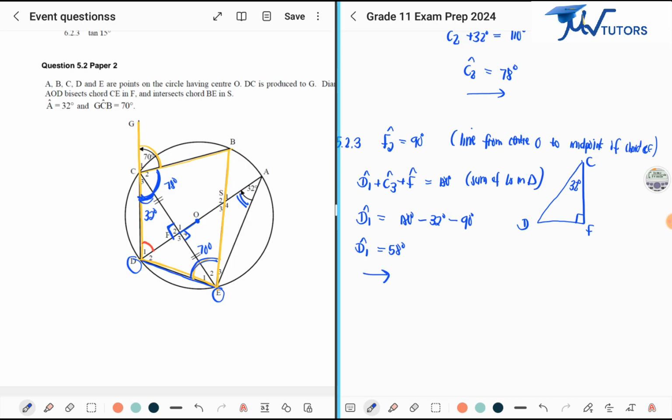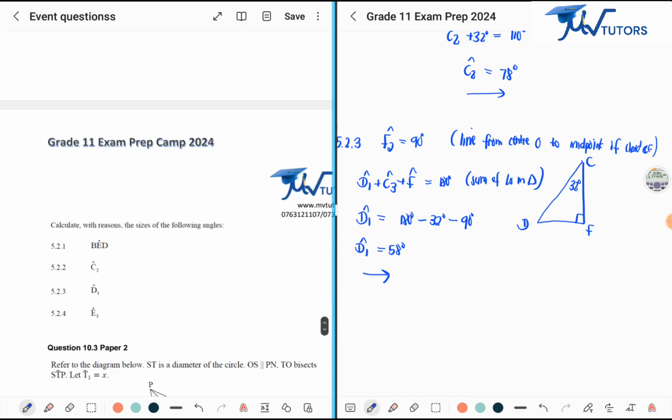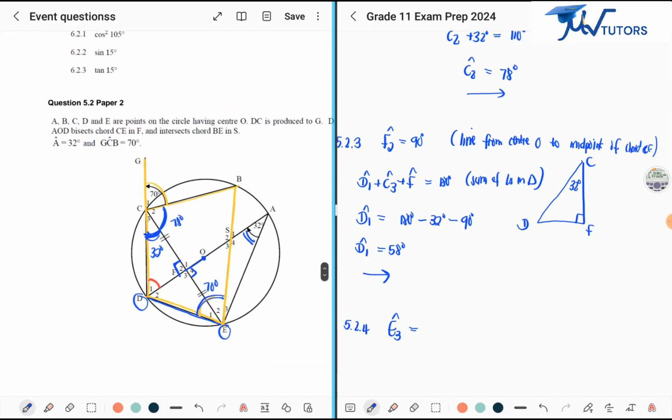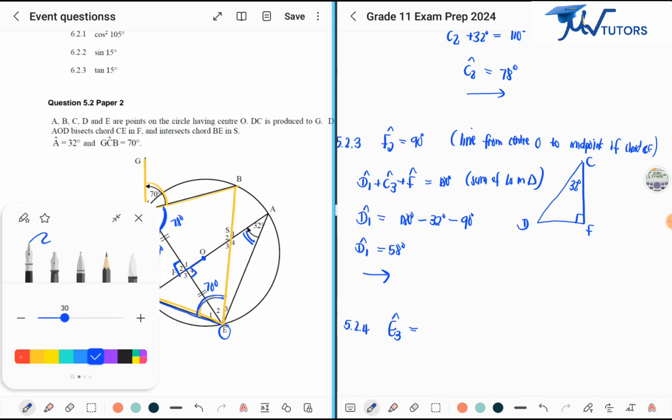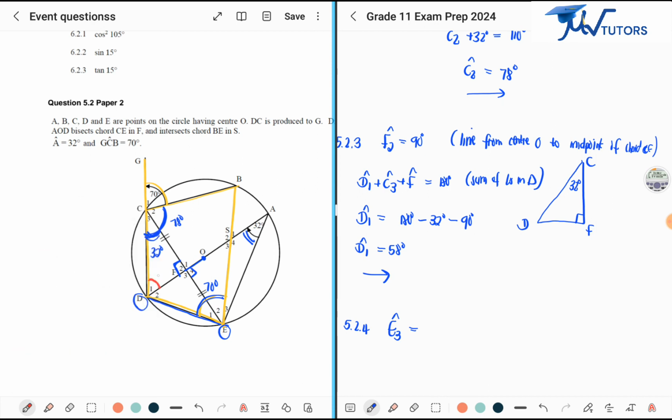Okay, and then E3, so 5.2.4. We have E3. Like I said, if you have an angle, just populate it so that we know what we have. So D1, 58 degrees. Where is E3? E3 is this small triangle over there.